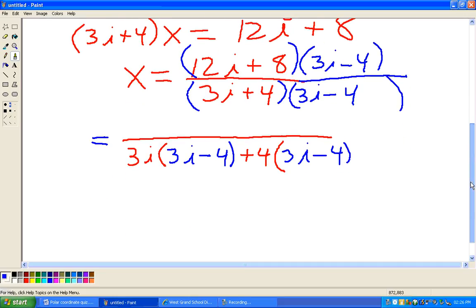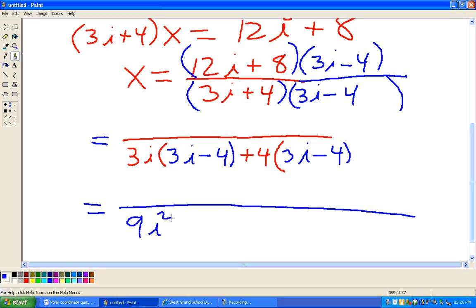I'm going to finish this before I do the top. 3 times 3 gives me 9, i squared. Which wouldn't that make it negative 9? Yes. 3 times 4, negative 12i, plus 12i, 4 times 3. Plus 12i cancels. That's why we picked the conjugate.